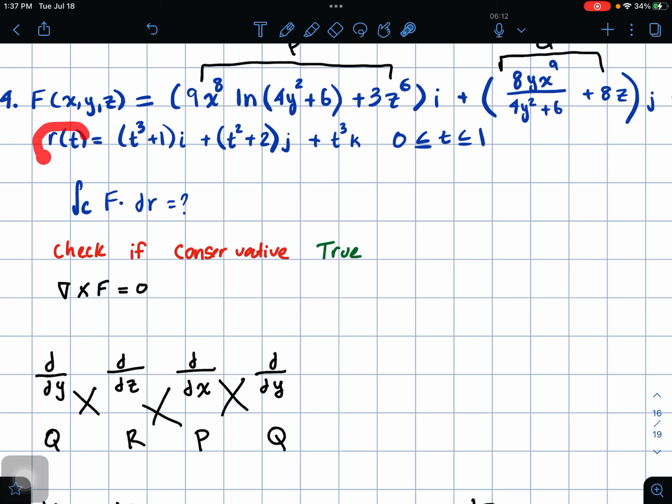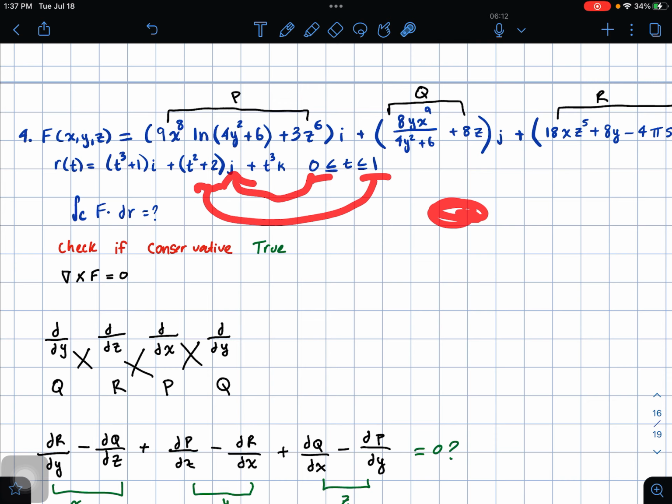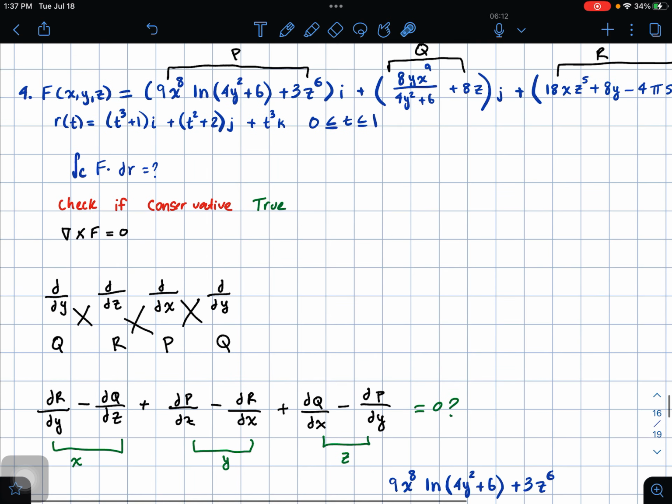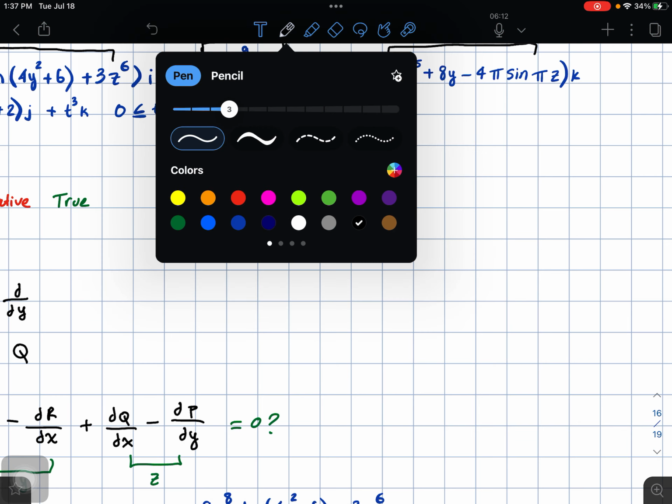So what we can do is just compute r at t, because like I said before, when we solve, we're going to have something like this, right? And to get whatever that point in the middle is, we need these endpoints. So what I'm going to do is compute those endpoints, because it's the easiest thing we can do right now. So let's do that.